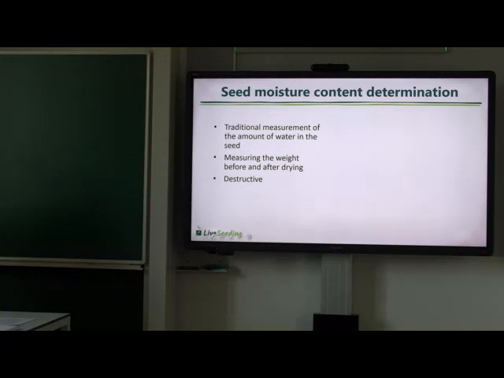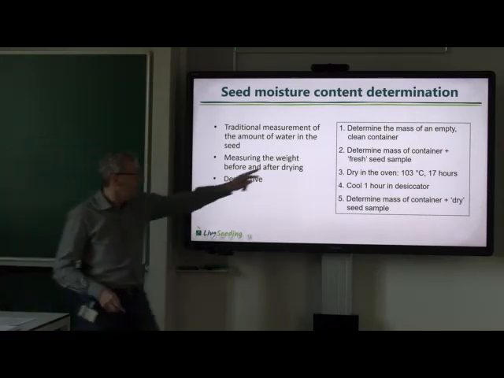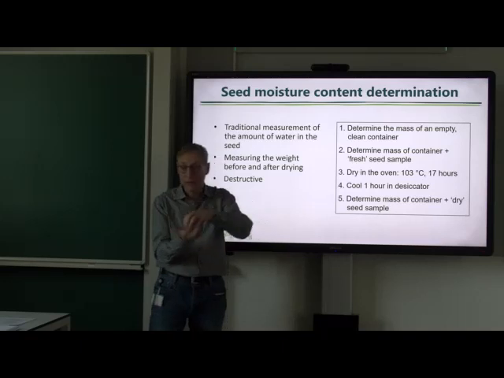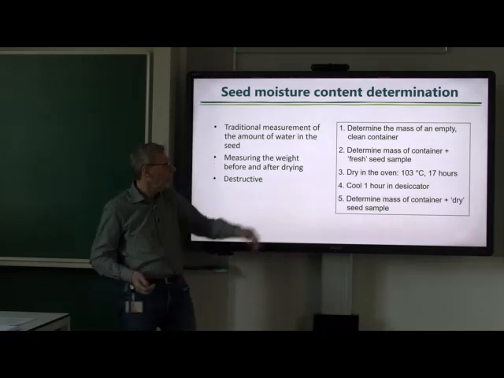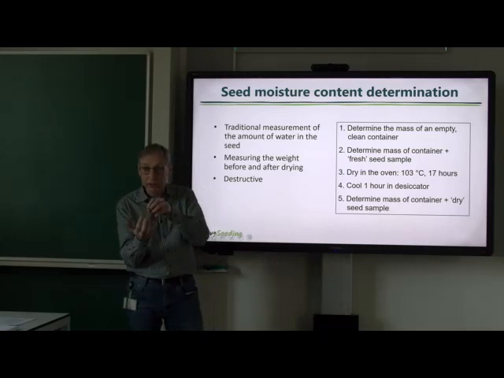Okay, then traditionally there is the measurement of the amount of water by weight, but that is destructive. That's what you will do this afternoon. You take a metal container, you weigh it, you put your seeds in there, you weigh again, so you know exactly how many fresh seeds you put in.